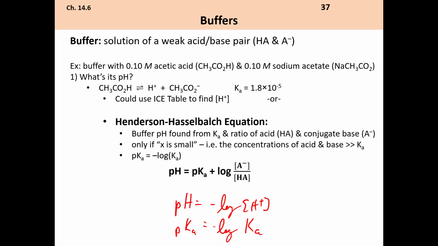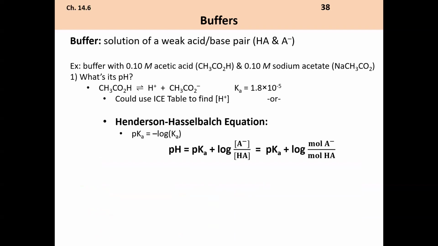Well, the A minus is in moles per liter, and the HA is in moles per liter, and they're in the same solution, so their total volume is the same. So I can just get rid of the liters. That means I can also write this as pH equals pKa plus log of the moles of A minus over the moles of HA.